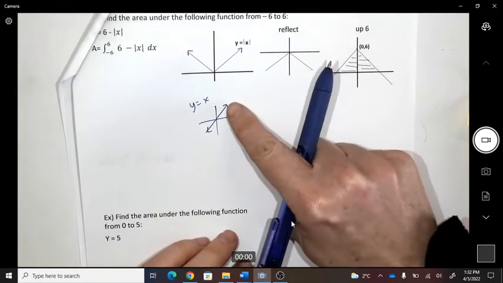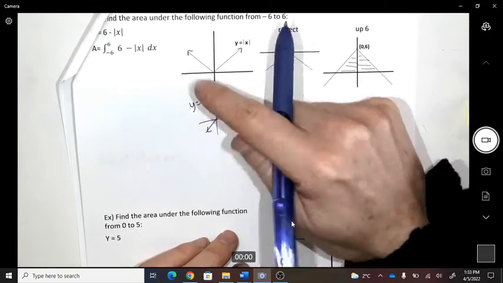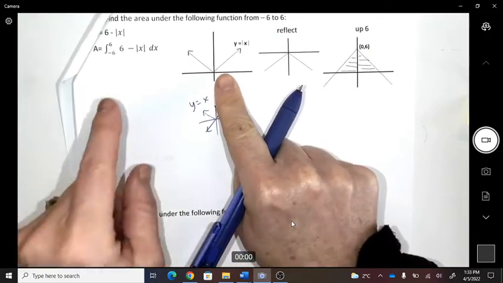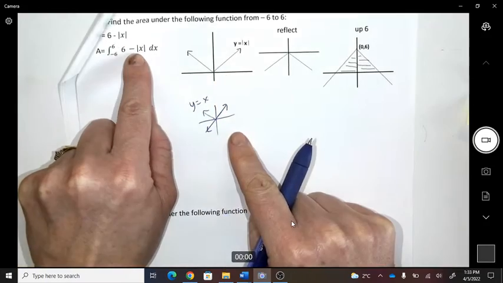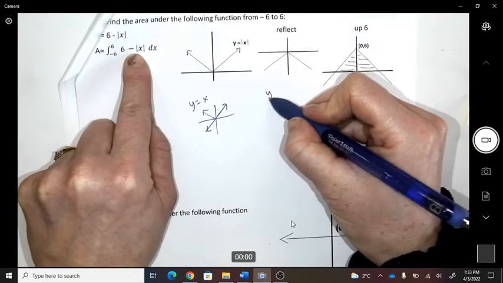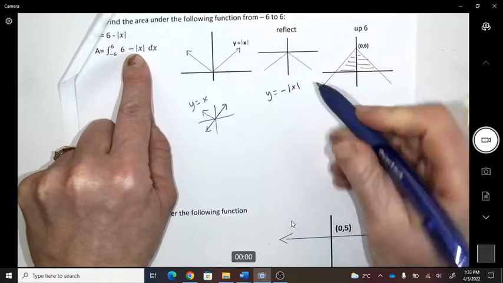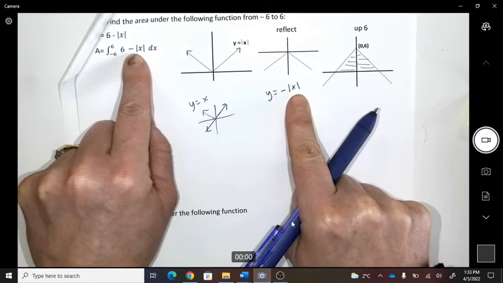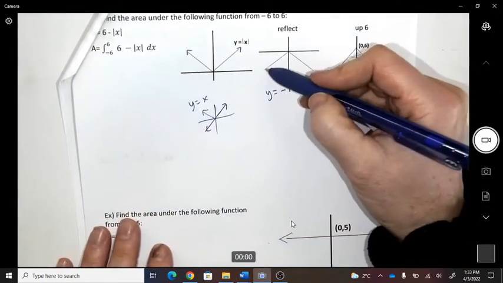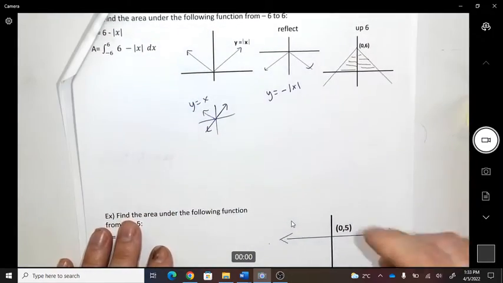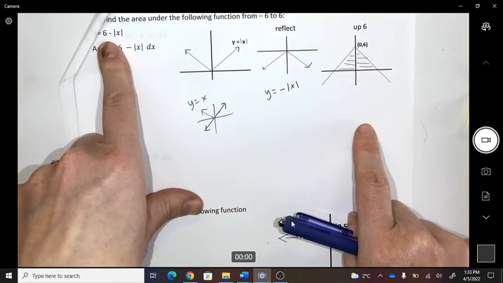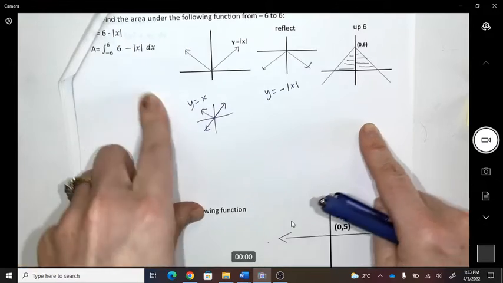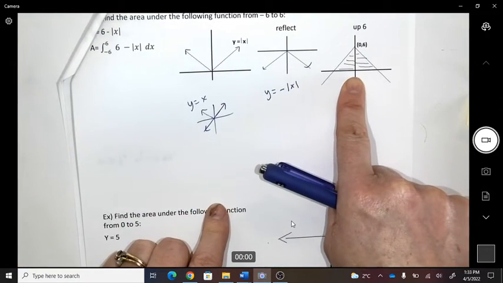Remember, positive stays, negative reflects. Then since there's a negative in the front, what does a negative in the front of a graph do? It reflects it. And then there was a positive 6. What kind of transformation does that do? It shifts it up 6.